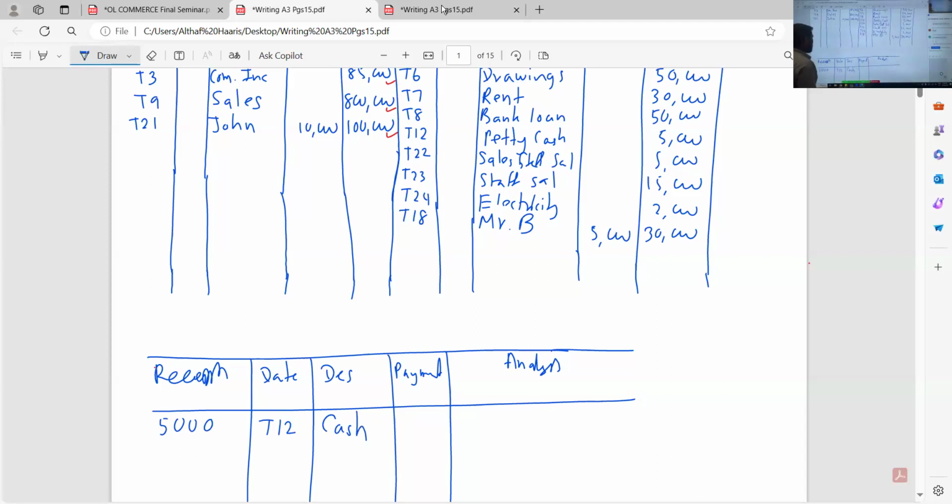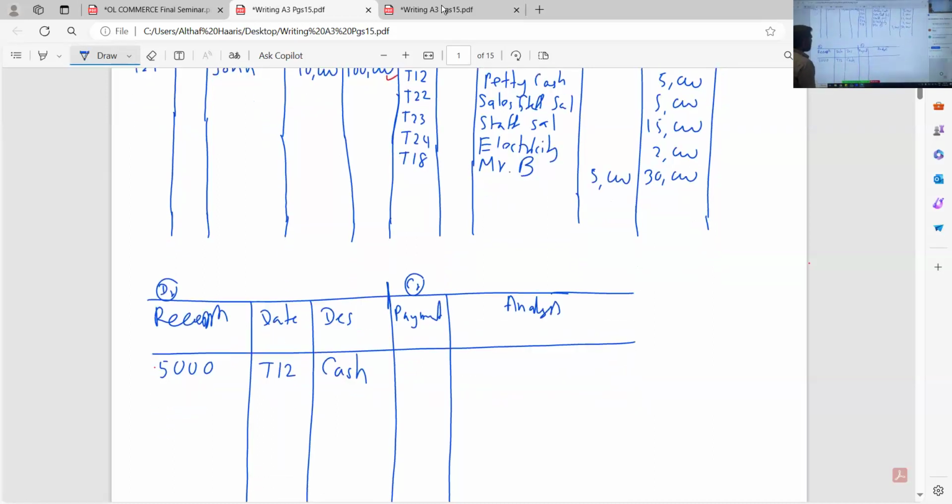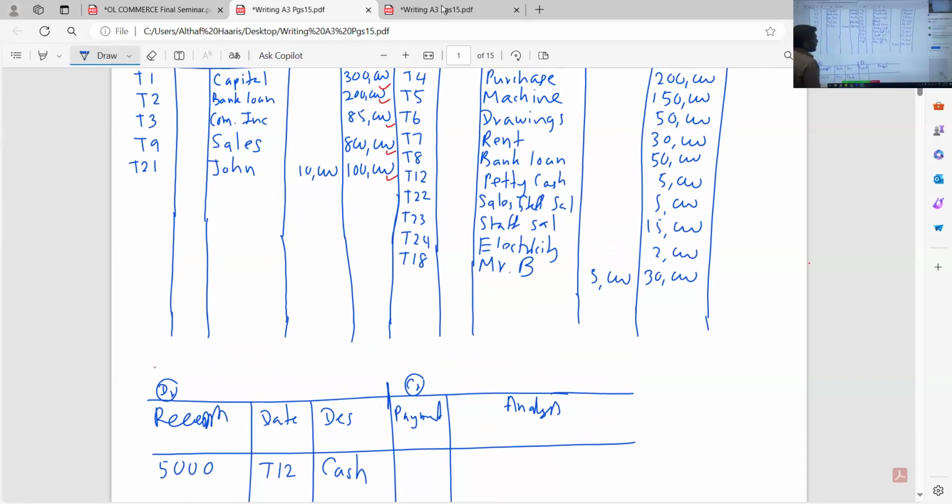Okay. So in the petty cash book, do remember, this column is your debit column. This column is your credit column. So all these things we learn in our class. Cool. So we are done with that one also.